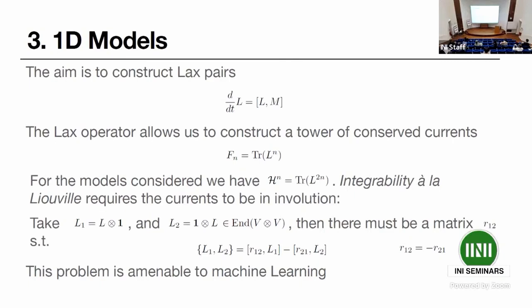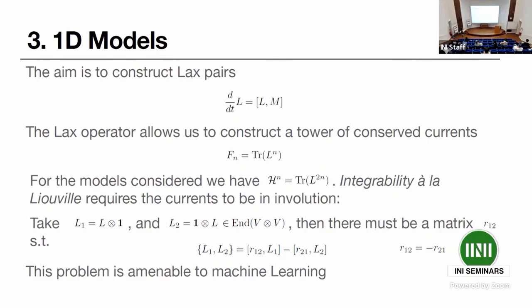Now if you view integrability in the sense of Liouville, then we need further that these conserved quantities that we have constructed are in involution, and then there is a beautiful connection to the R matrices.